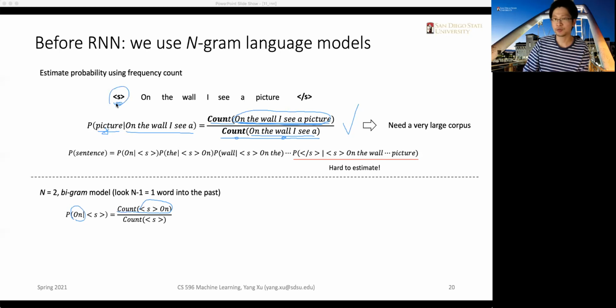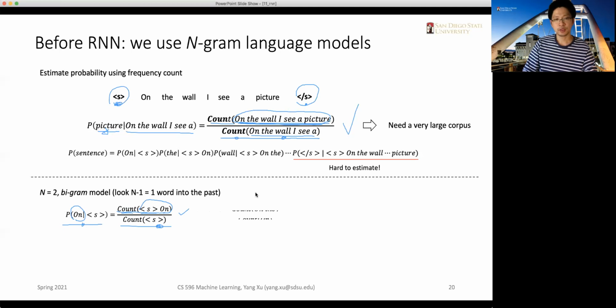This is a special token for the start of the sentence, and this /s is the end of the sentence, right? We take the count of s followed by on and divide it by the count of the starting symbol alone. That quantity is the estimated probability for the first word being on, right?